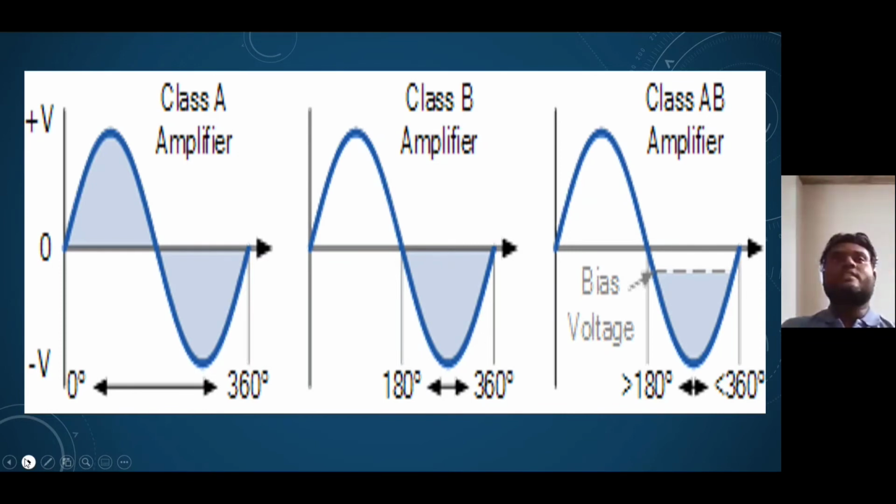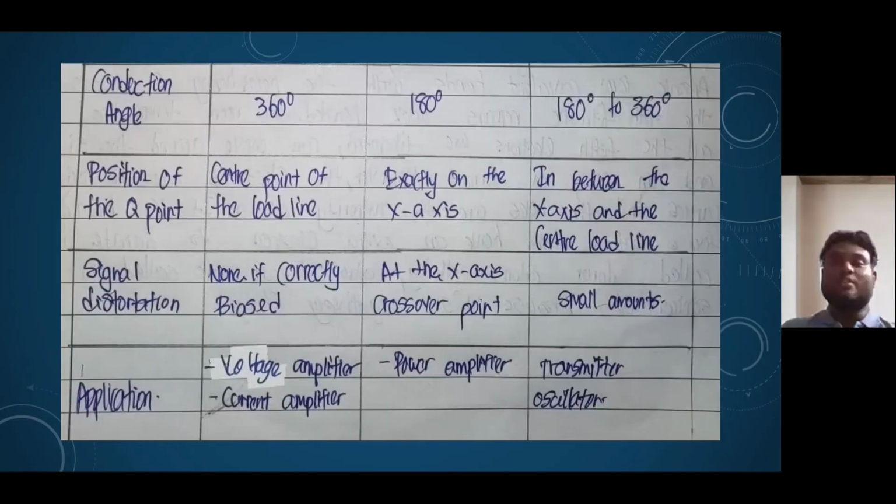Just now I already said that the conduction angle of amplifier A is 360 degrees compared to amplifier B, which is 180 degrees, and for amplifier AB it is 180 degrees to 360 degrees. The second difference is the position of the Q point: for amplifier A, it is the center point of the load line, for amplifier B it is exactly on the x-axis, and for amplifier AB it is in between the x-axis and the center of the load line.